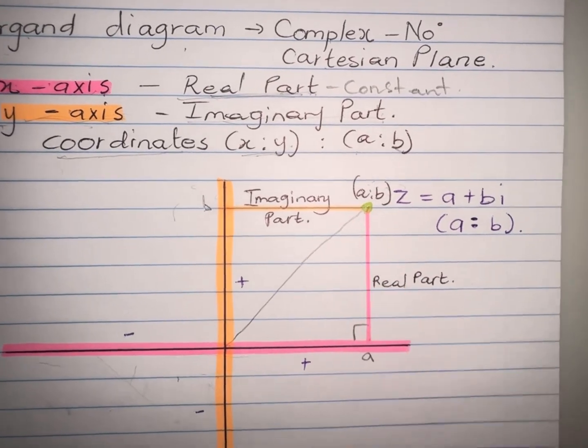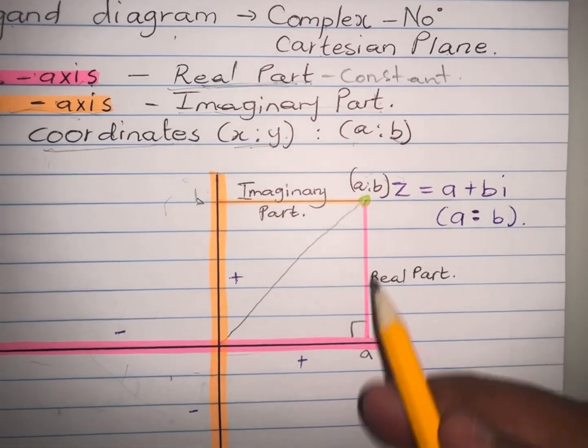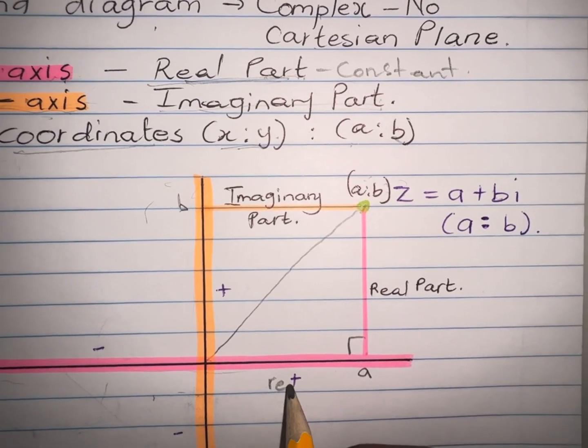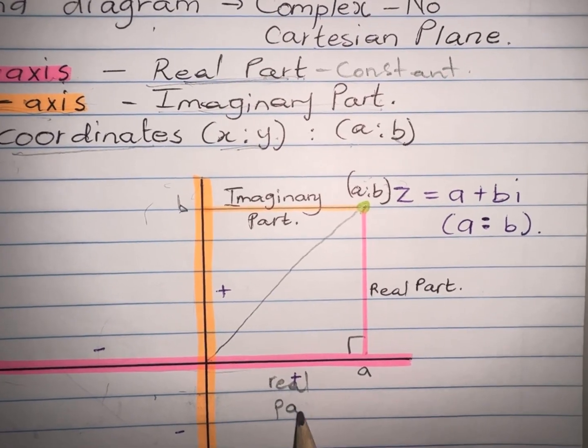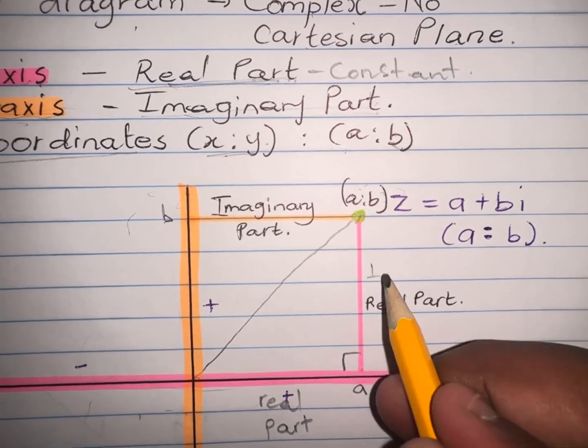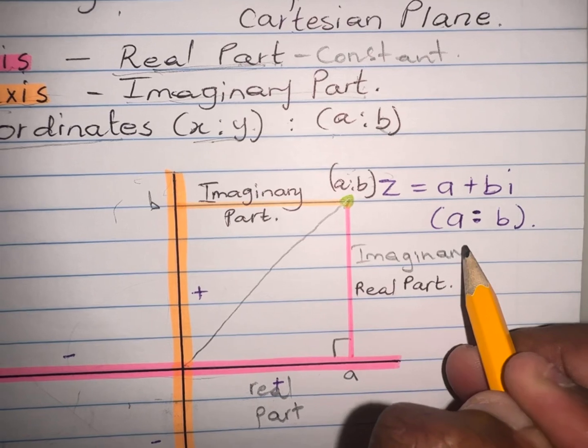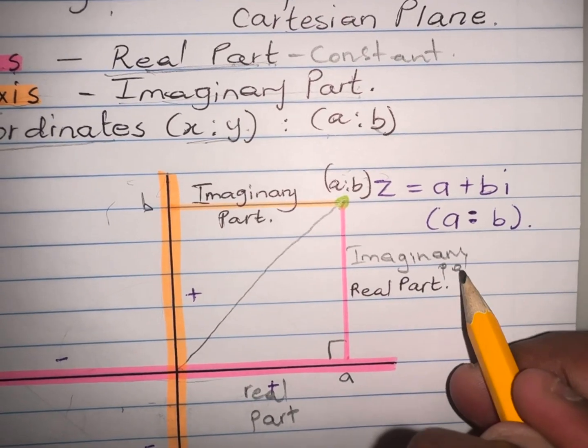Now, with this, we realize that this is where the value of our real part is, and this is where our imaginary part is.